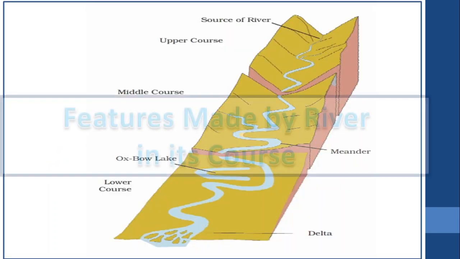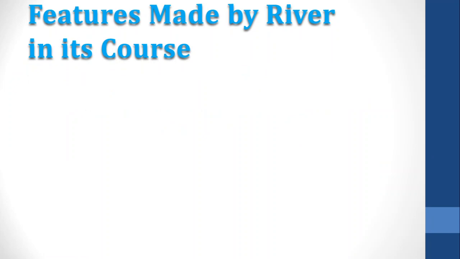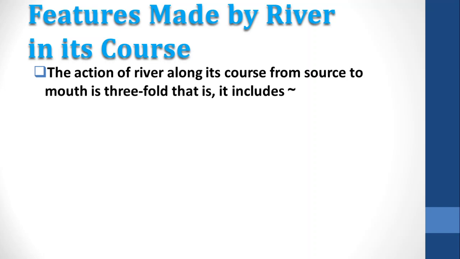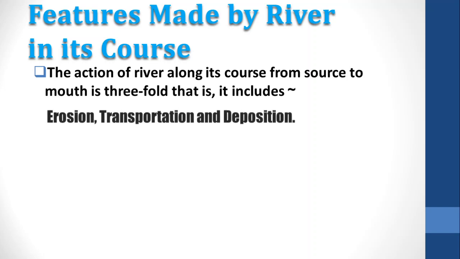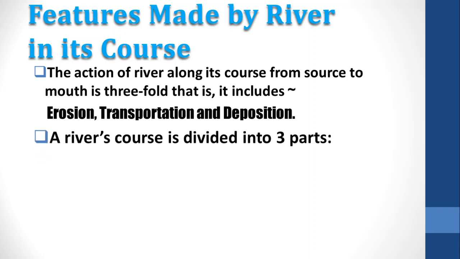Today we will discuss the topic: features made by rivers in its course. The action of a river along its course from source to mouth is threefold, that is, it includes erosion, transportation and deposition.